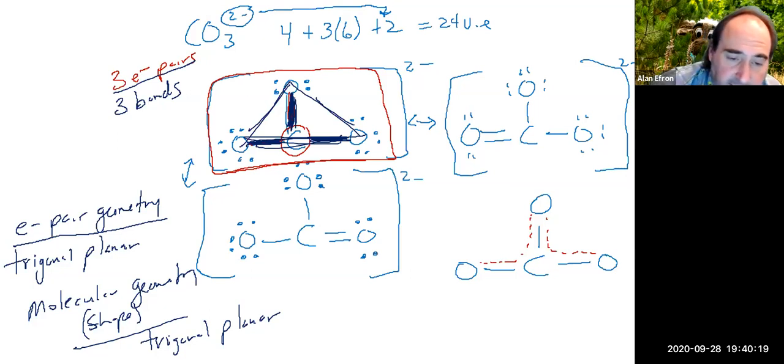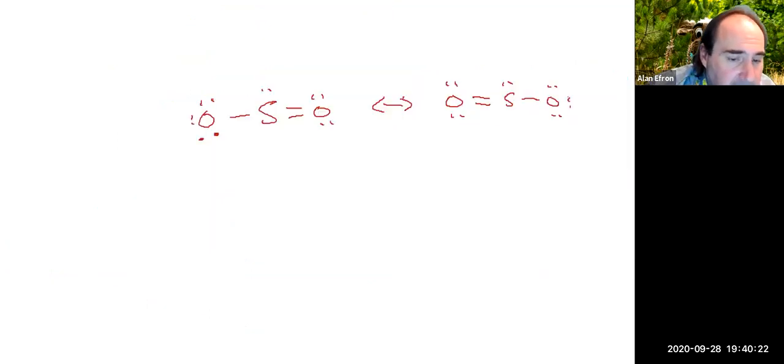Now, if we look at this guy over here, again, if we were going to do geometry, we want to look at the central atom. And if we counted electron pairs, this would be one electron pair. I'll just make a big dot here. These two dots up here were one more electron pair, and this double bond would count as just one electron pair. So again, that is 3 electron pairs in this case. In terms of bonds, we have one bond here, and the double bond counts as another, so 2 bonds.